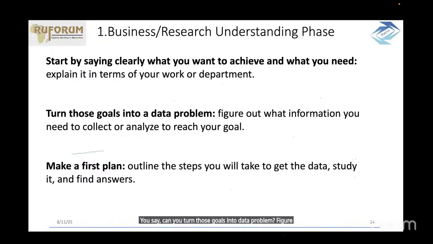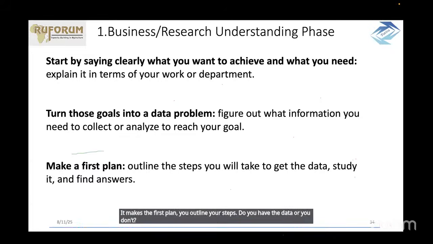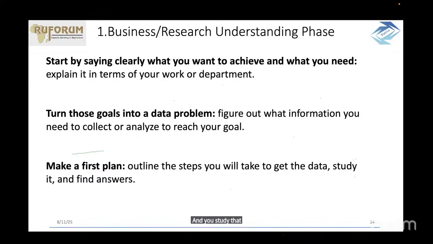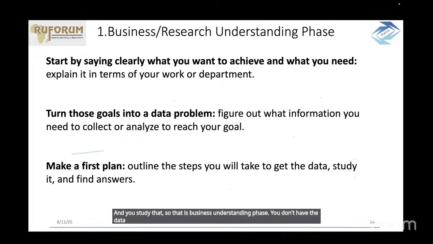Figure out what information you need to collect or analyze to reach your goal, and make a first plan. You outline your steps. Do you have the data or you don't? And you study that. Sometimes you have the data, but it's not going to answer your problem.